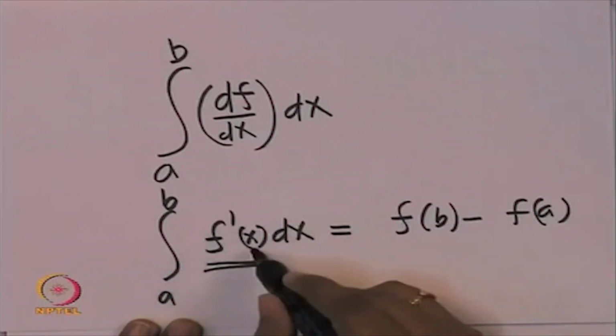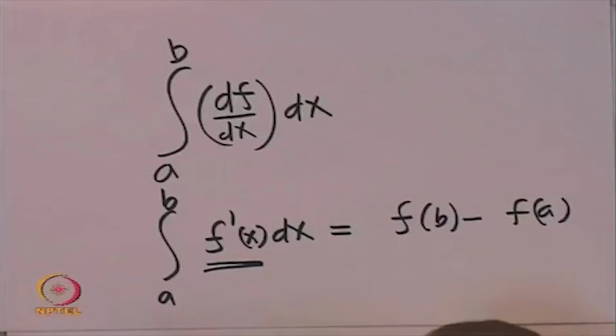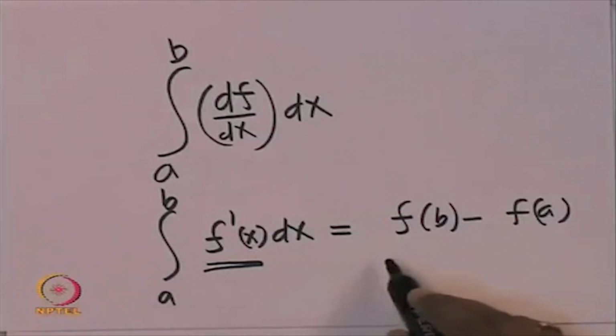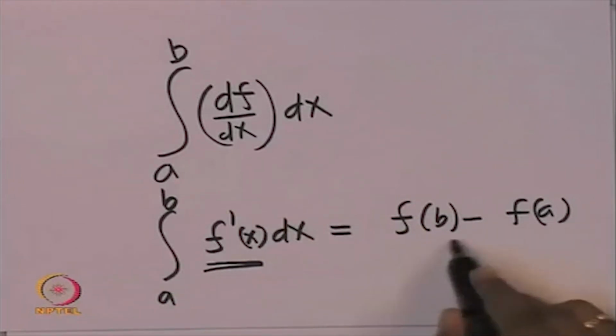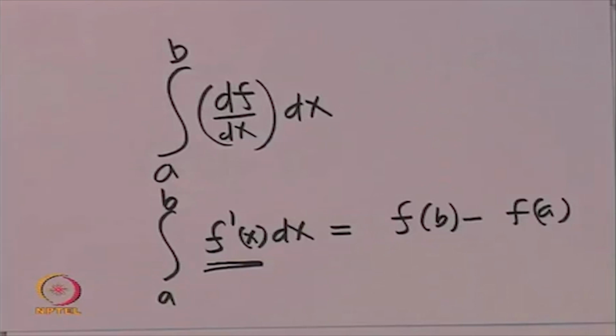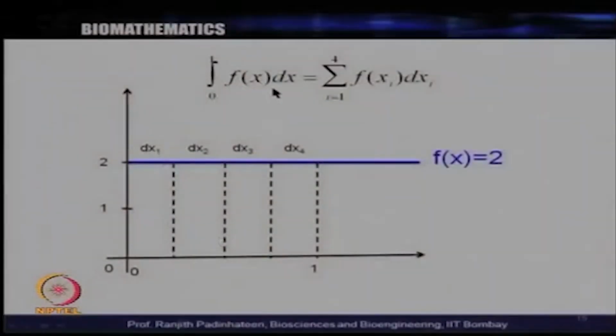So, let us call this f prime of x as some curve. What will be the area under that curve between a and b? This is what this tells us, because this is a number. For example, the integral from 0 to 1 of f of x dx can be divided into many parts with widths dx1, dx2, dx3, dx4.